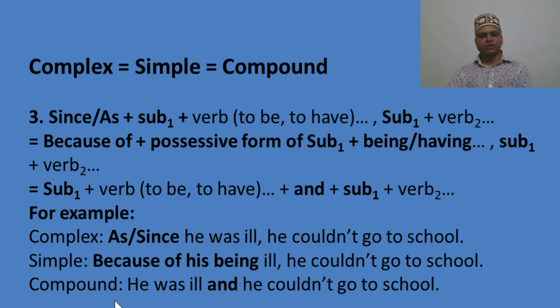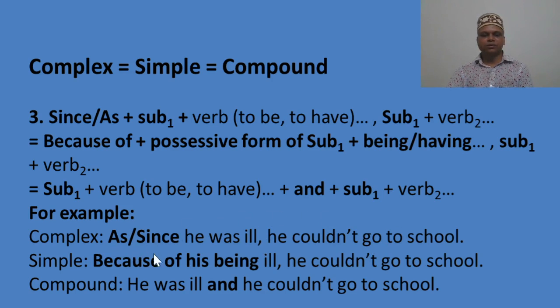Now for the compound sentence, we omit as or since, and in place of the comma we use "and". That is, using "and" we join two principal clauses.